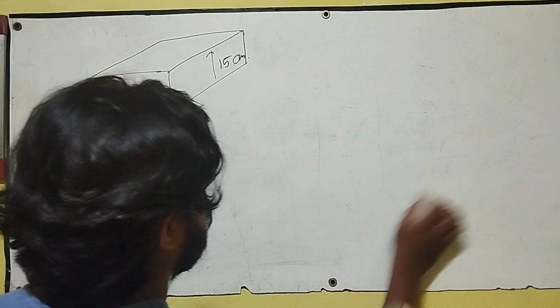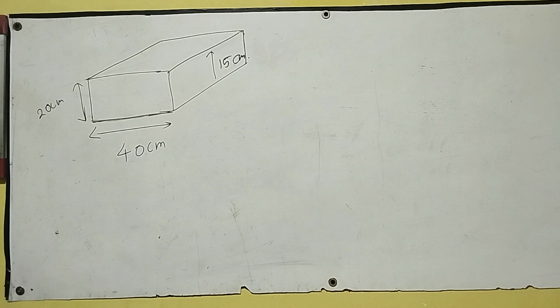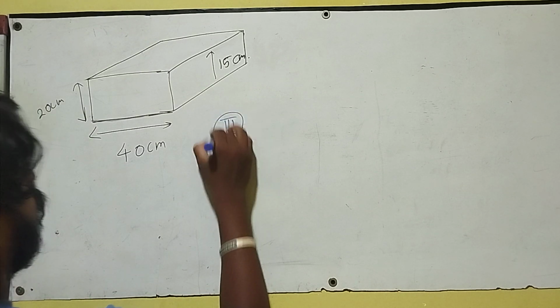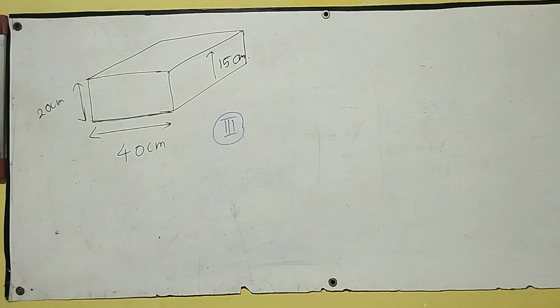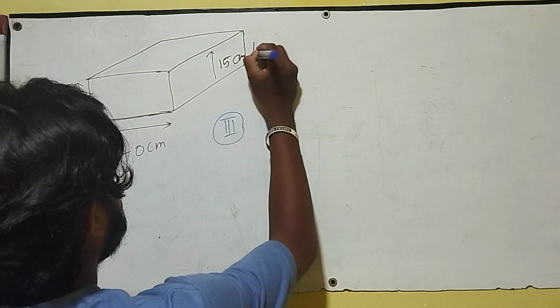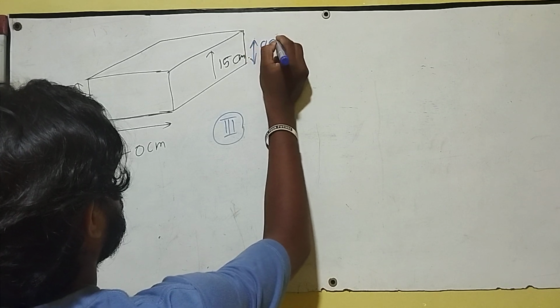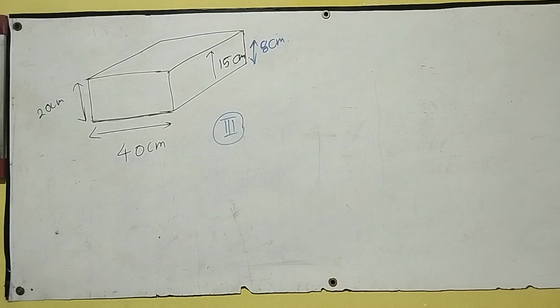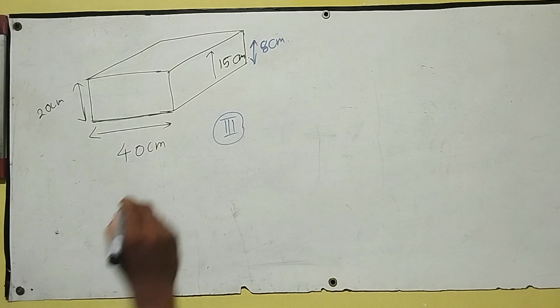Now I am going to do the third one. Read the question. The volume of water in the container, if the container is filled with water only up to a height of 8 cm, and they ask from us the volume of the water of this container.